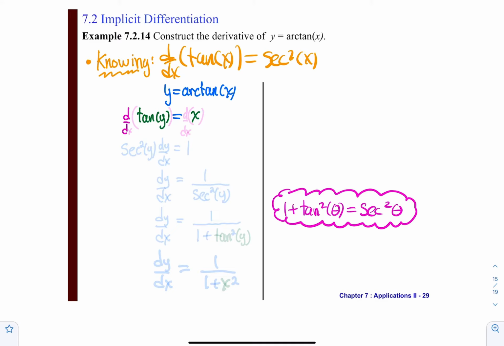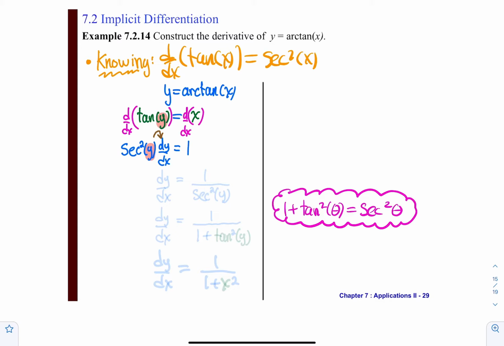If we differentiate both sides of that equation, let's compute d/dx. On the left side, because we have tan of something, tan of y, we're going to get secant squared of that something times the inside derivative, and the inside derivative is what we're looking for, dy/dx. And on the right side, the derivative of x is simply 1.